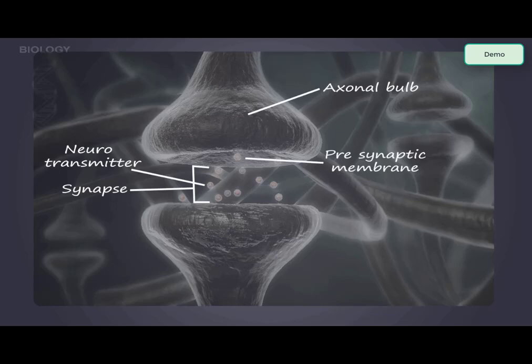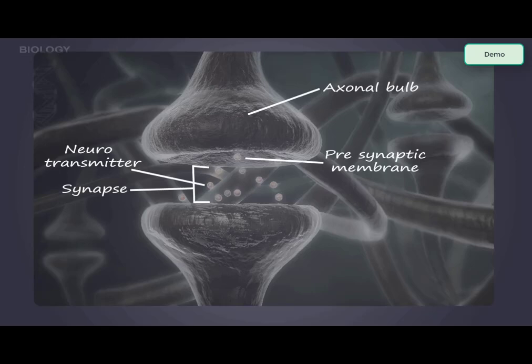So, presynaptic membrane. It is the neuron which is going to send the nerve impulse.